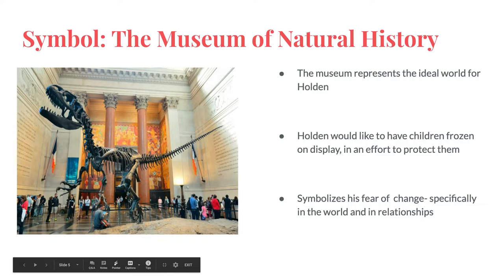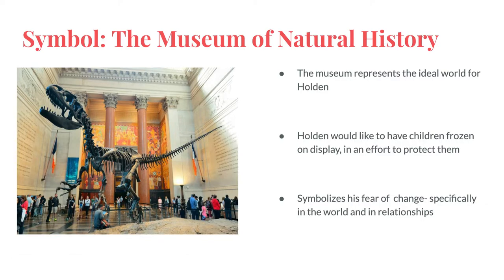Later, as we keep reading, we're going to be introduced to the Museum of Natural History. This is another symbol. Holden talks about how he really likes the museum's displays because they're frozen and they don't change. And he actually gets really bothered that they are unchanged, but every time he comes to see them, he has changed. The museum is therefore his fantasy world.